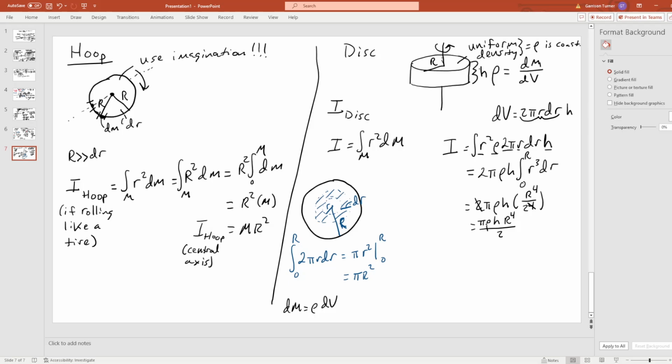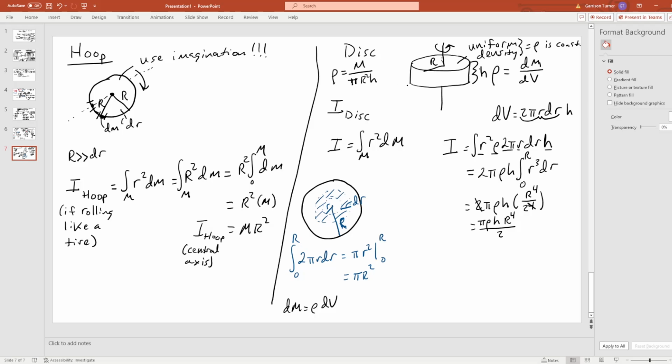But what we can do now is resubstitute with rho. So for a disk, your volume is pi r squared times h. So my rho is equal to my mass divided by my total volume.